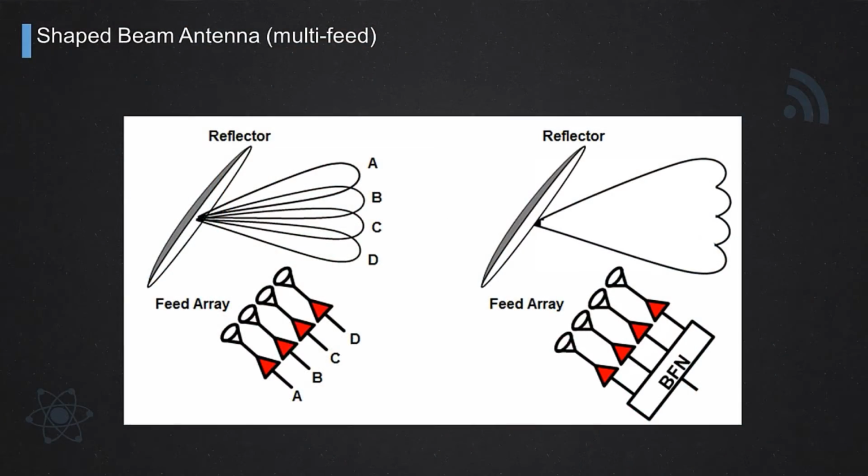So I get a coverage that is larger than before, but with a better performance, better following the contours of the area I want to serve, at the expense of a larger aperture. I could have used a smaller aperture, but without any good shaping, and at the expense also of a more complex feed network. So the same coverage I could have got with a simpler antenna, but with worse performance. So this is the principle of what I get out of a shaped beam antenna.